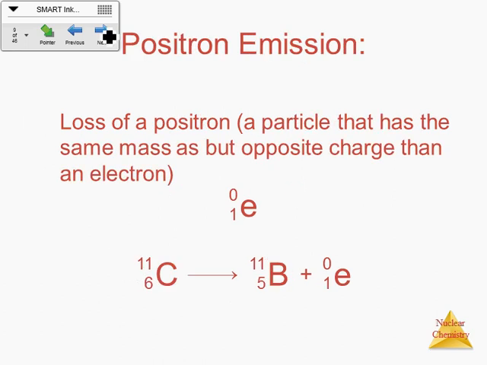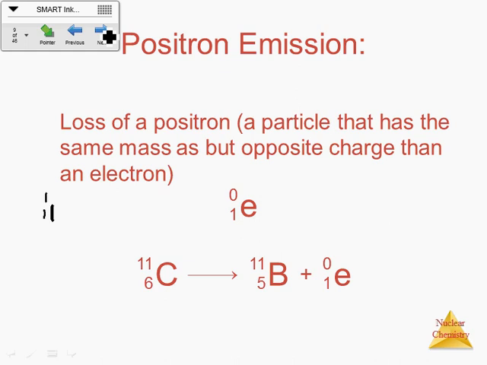Positron emission is another way that something can radioactively decay. A positron is sort of like the opposite of an electron. It has the positive charge like a proton, but it has essentially the mass of an electron. So with positron emission, the opposite process happens.